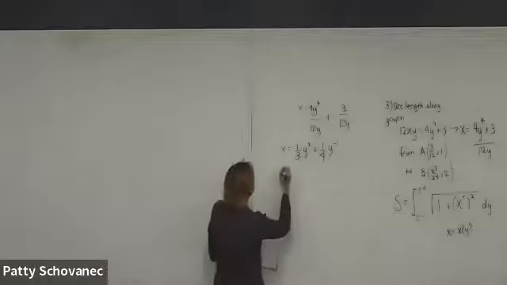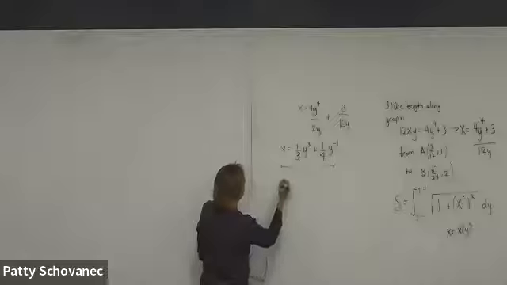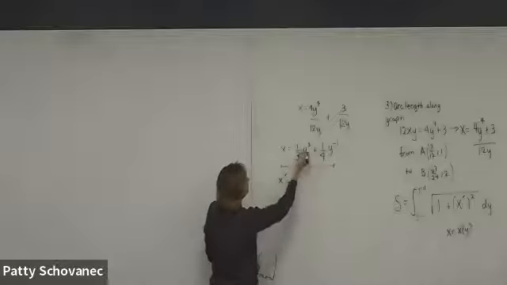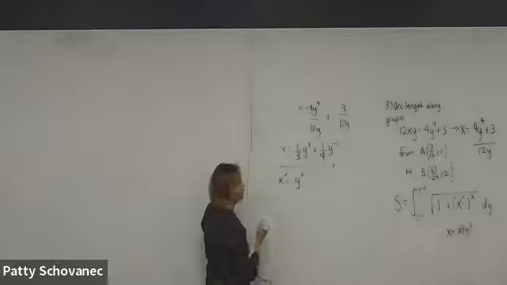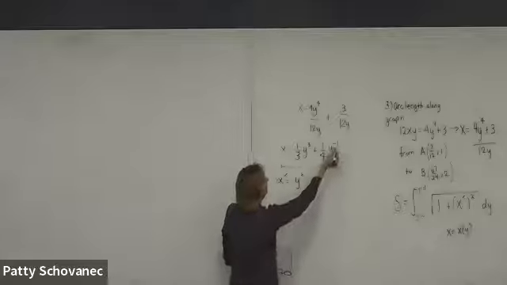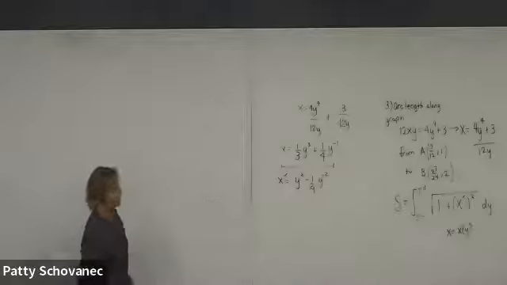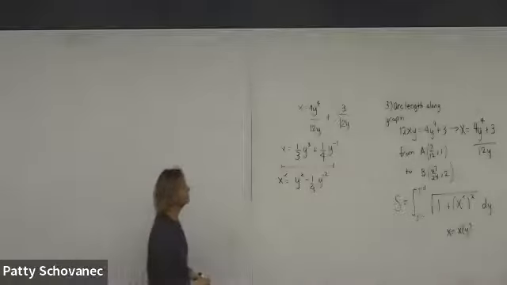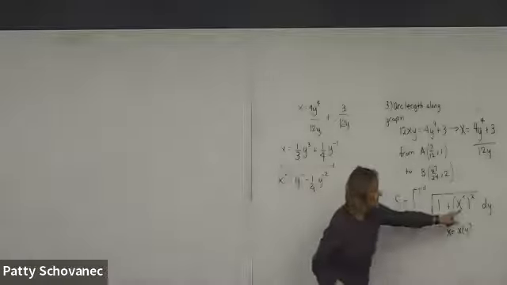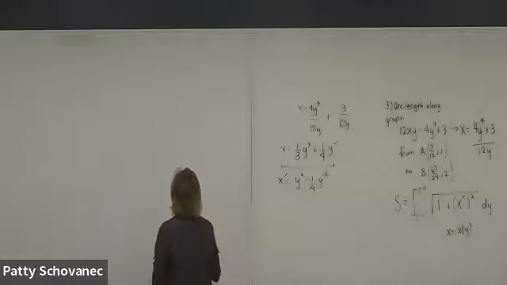Okay, so we're going to do things as a function of y. So x prime, bring the 3 down, it cancels with the 1/3, and I get y squared. Next term, bring the negative 1 down, I get a negative 1/4 y to the negative 2. Let's put that right here, and then I'll have to square it.